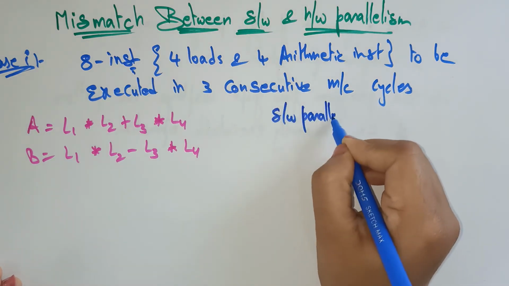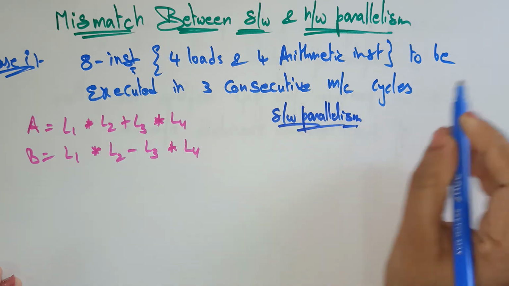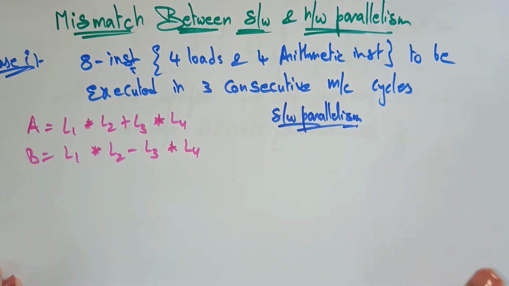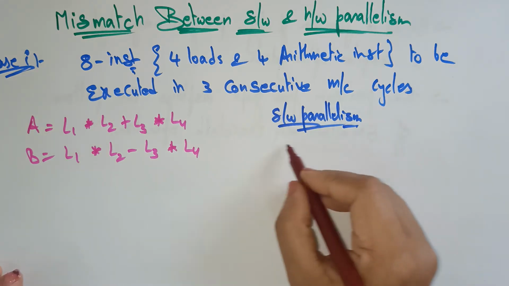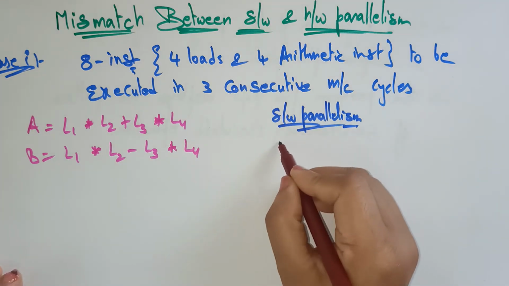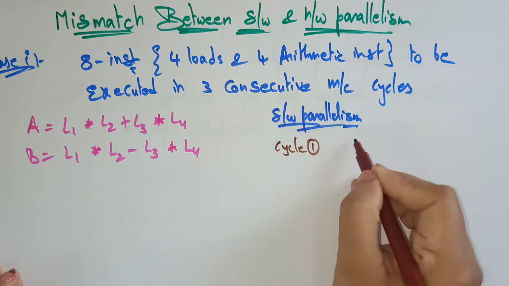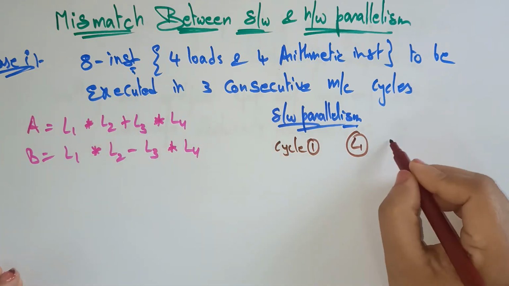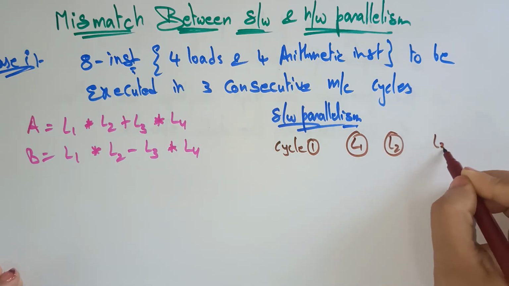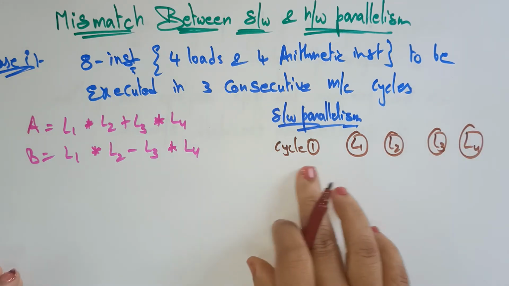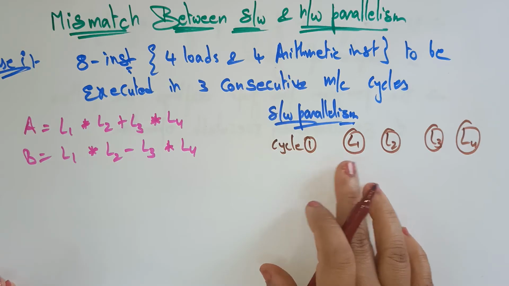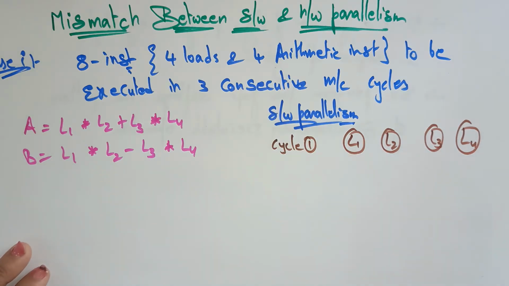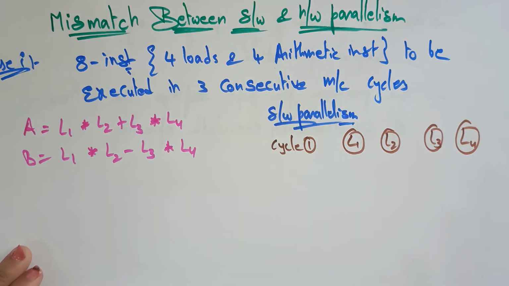Software parallelism. My software is going to be executed in 3 consecutive machine cycles. Let's take cycle 1. In cycle 1, it handles all 4 load operations, L1, L2, L3, L4, so 4 load operations are performed at a time.